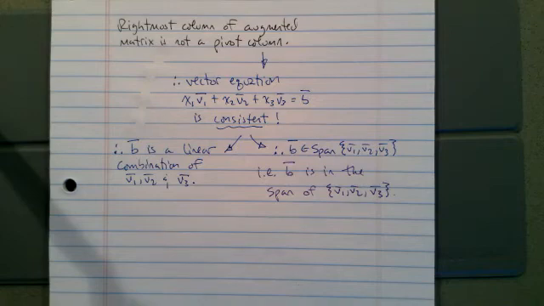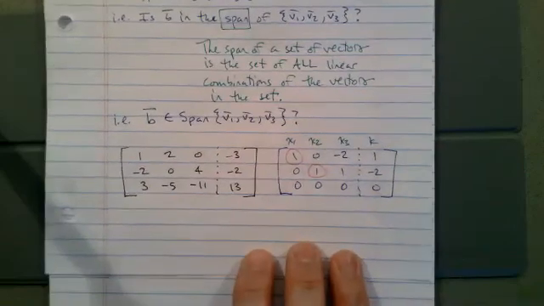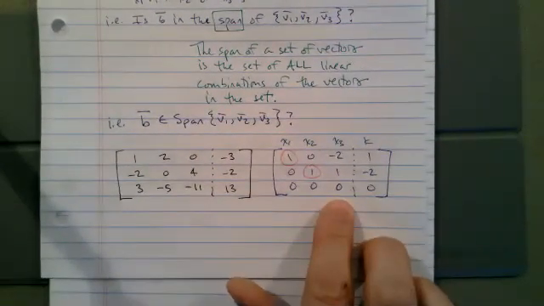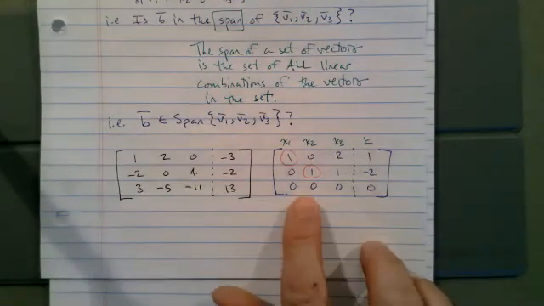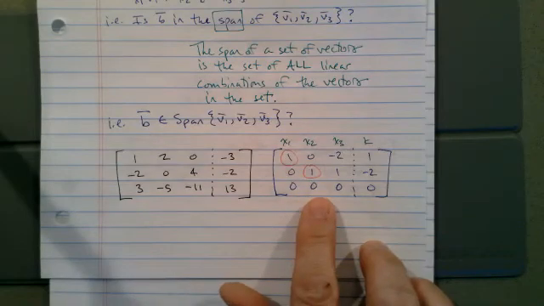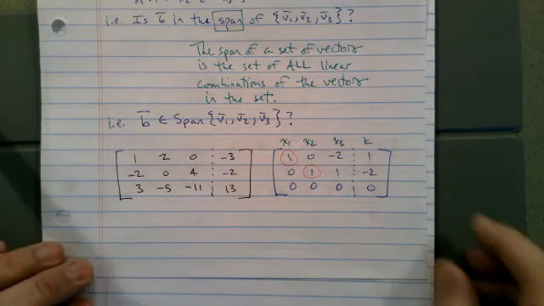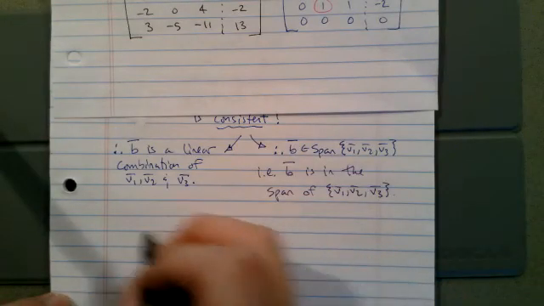One last thing that we want to point out is that v3 is also a linear combination of the vectors v1 and v2. Let me reproduce this matrix down here.